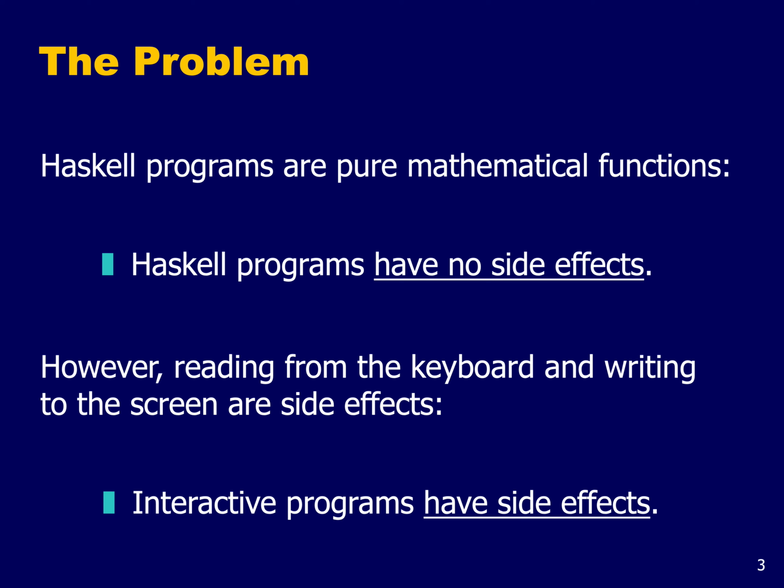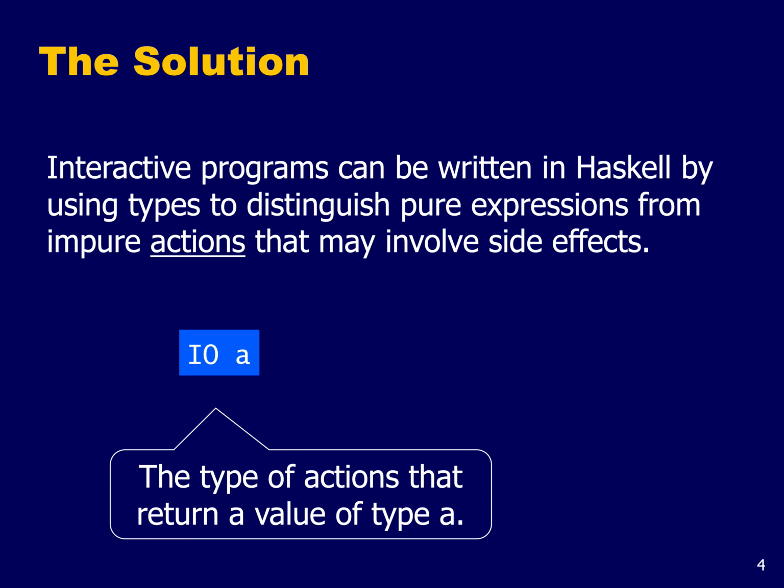So in conclusion, interactive programs have side effects, but Haskell programs have no side effects. So there's a bit of a tension here. It seems that if we want to retain the purity of the Haskell language, we can't actually write interactive programs because that depends on having side effects which interferes with that.